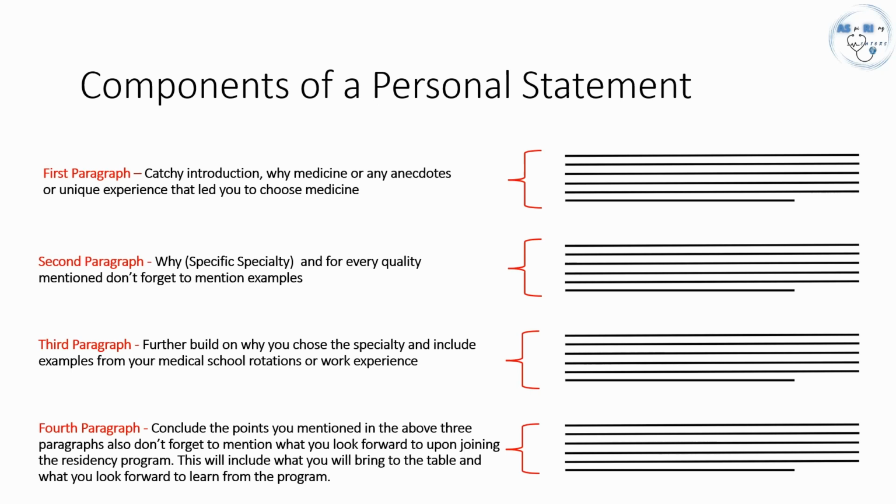"As an internist, I saw how he was helping patients and engaging with them, and I gained experience, and I look forward to becoming a compassionate internist just like my mentor." So you're not just mentioning the person or your rotation, but you are tying it up with your aspiration or admiration for that specialty.